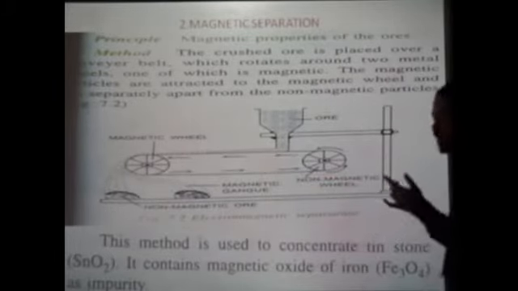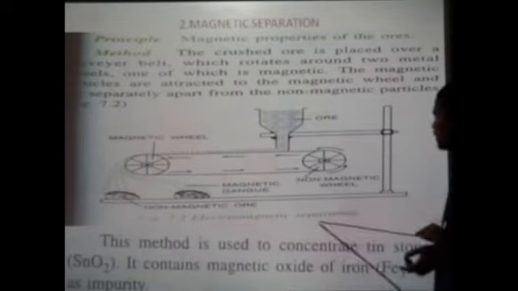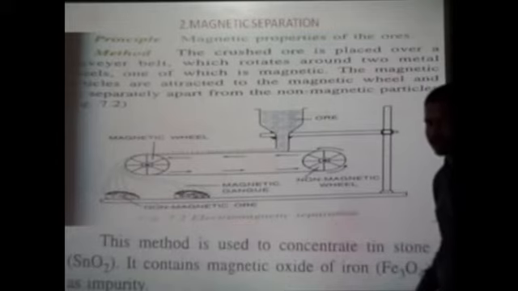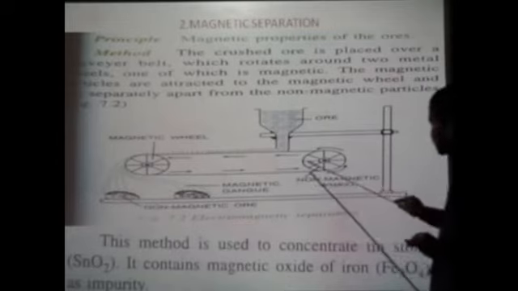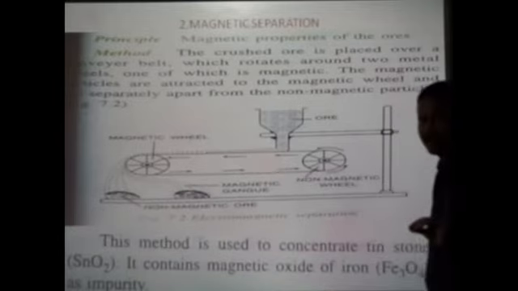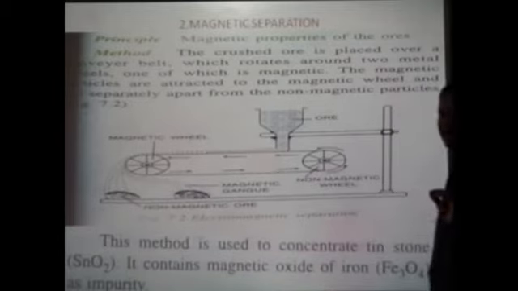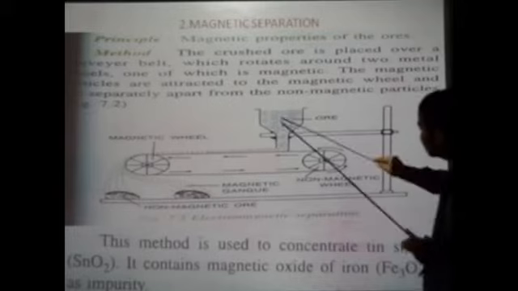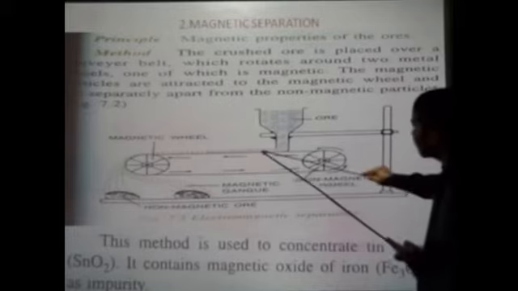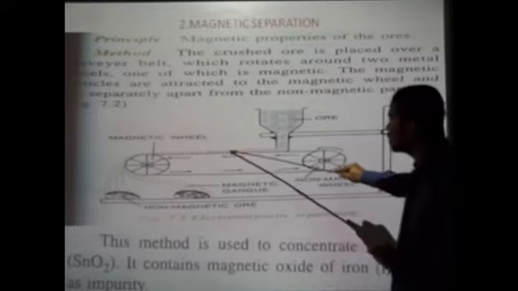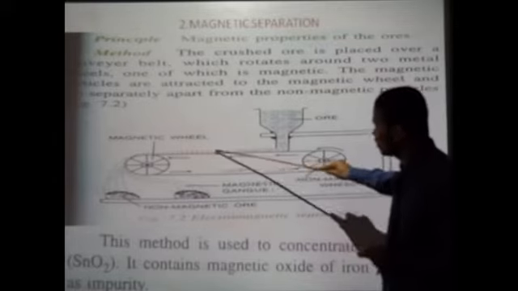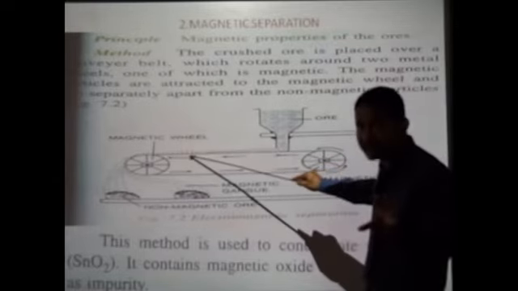It is fitted with electricity. This is also called electromagnetic separation. These wheels rotate using electricity. So this powdered ore is moving on the conveyor belt at a very high speed.